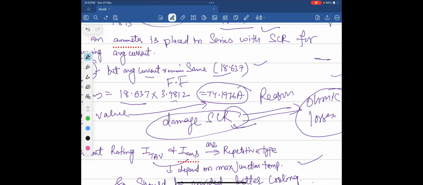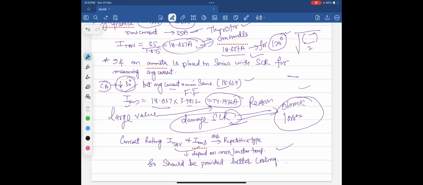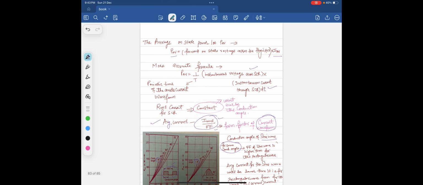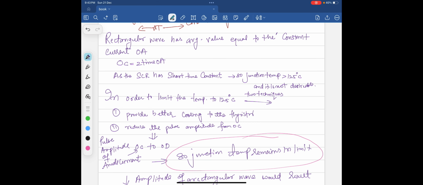So the current ratings of on-state average current and RMS current are for repetitive types. They depend upon the maximum junction temperature. So we should provide better cooling to the thyristor for its safe conduction. Again we reach the point that we discussed at the start, that we have two options to limit the temperature: first, provide better cooling to the thyristor, and second, reduce the pulse amplitude.